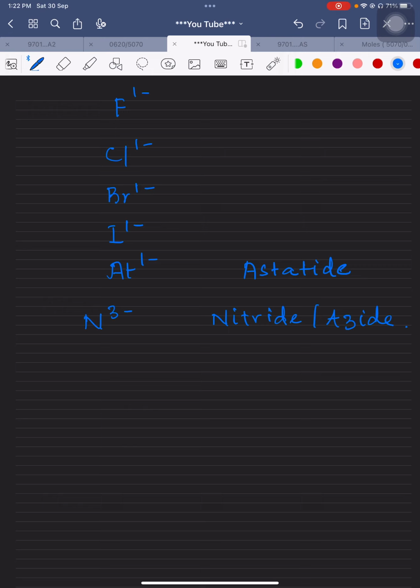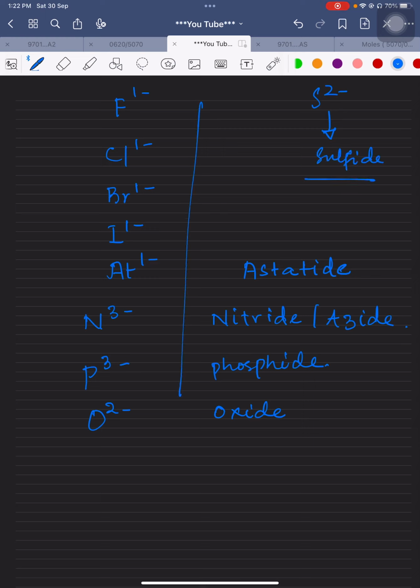It is gaining 3 electrons. That's why it has a charge of 3 minus. Phosphide, 3 minus, is also part of group number 5. And then we can say oxide. Then there is sulfide. So this is how we are dealing with a few of the names and their charges, the negatively charged ions having names ending with the word IDE.